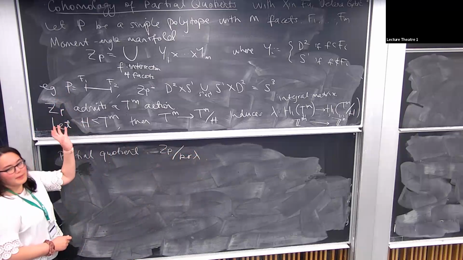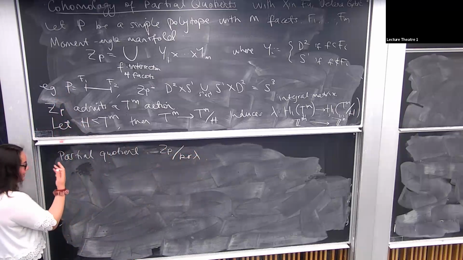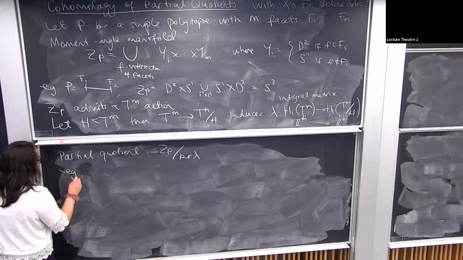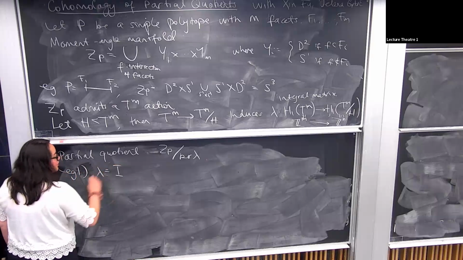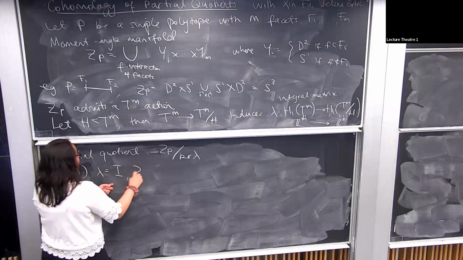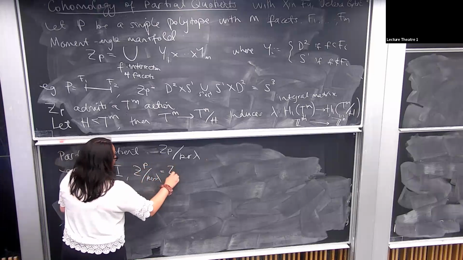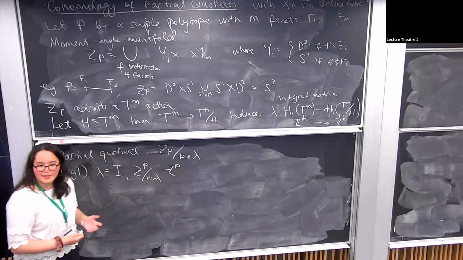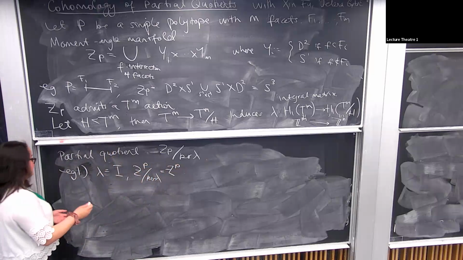Before we can talk about the cohomology of these things, we should at least have an idea of what examples we can think of. First of all, if lambda was just the m by m identity matrix, then the partial quotient should really be the normal moment angle complex. But in addition, we can do so much more.